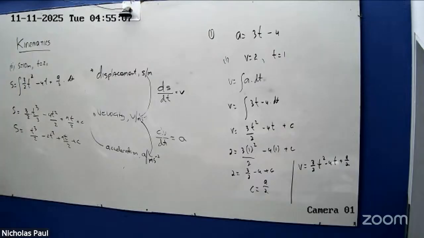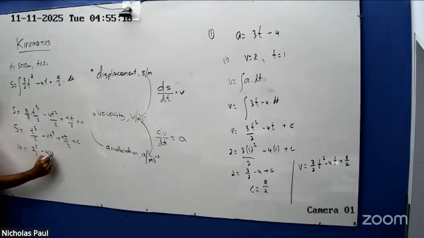That's all right? What's the last step? Substitute. S is 10 and T is 2. What do I have? I have 10, 4, 8, 9. So I got C to be 23.